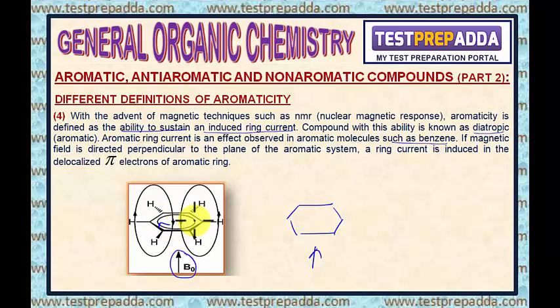This is the direction of the induced ring current, the induced magnetic field. And on this basis, we predict that benzene is aromatic. So this is NMR technique of finding whether compound is aromatic or not.